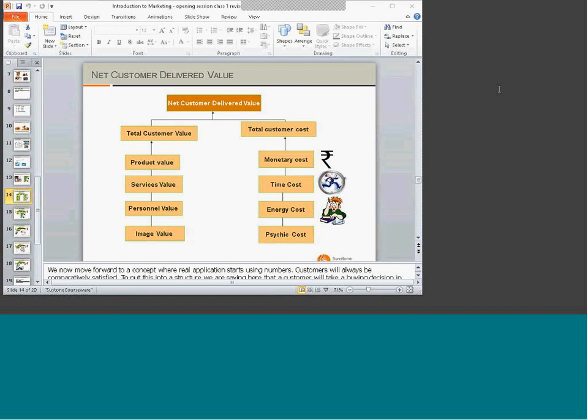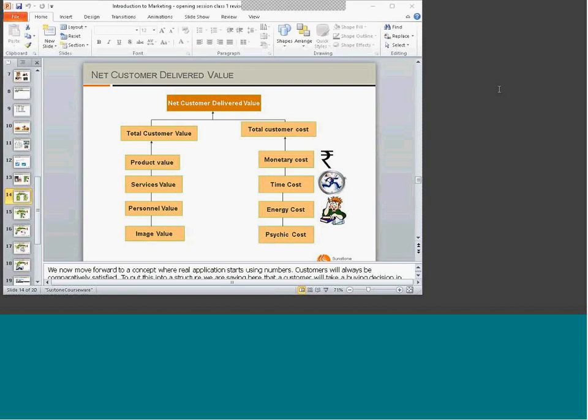Now, if the product value is very high, then you also have the chance to increase the monetary cost and still keep a very high net customer delivered value. At the end of the day, we say that our target customer is happy, comparatively happy, provided the NCDV for the product of choice continues to stay higher than the other comparative or competitive products available in the market. Okay.